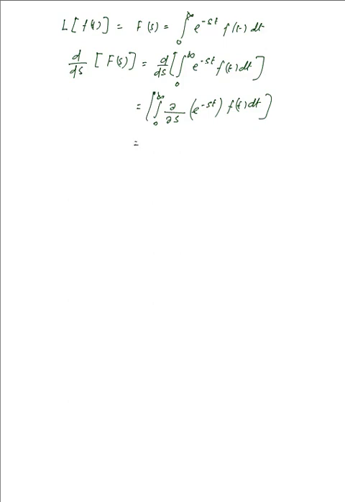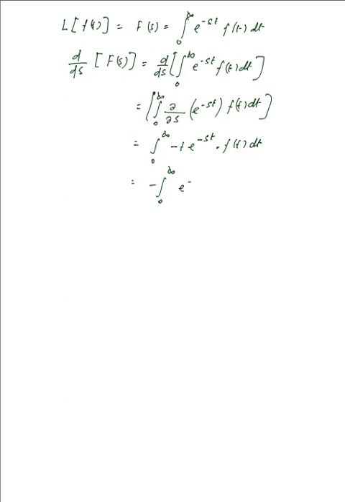Now we take the derivative with respect to s of the exponential term, so we have minus t e raised to the power minus st f(t) dt, and if we take that minus t and multiply it to f(t), we have the integration from 0 to infinity. We can take the minus sign outside for now.